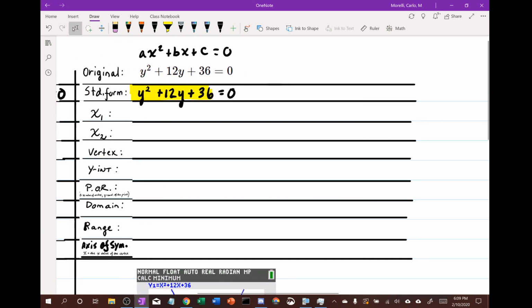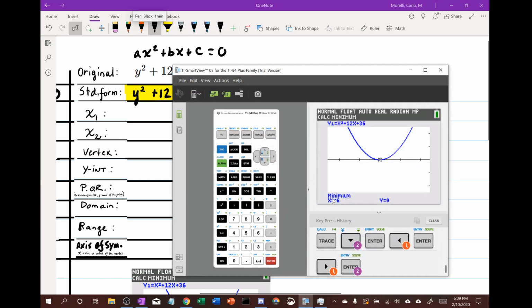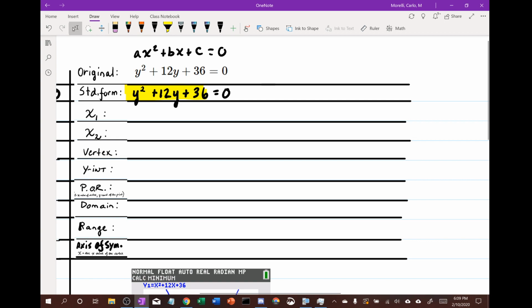Okay, so the x1 on that, if you recall, was -6, 0. And the x2 is also -6, 0. The vertex is at -6, 0. So this was easy.